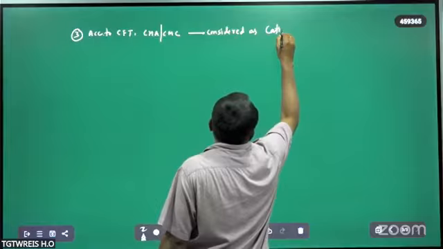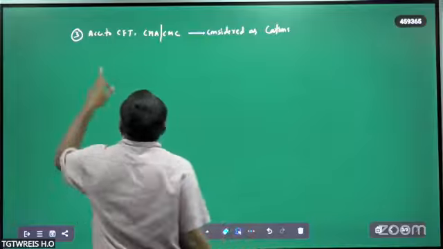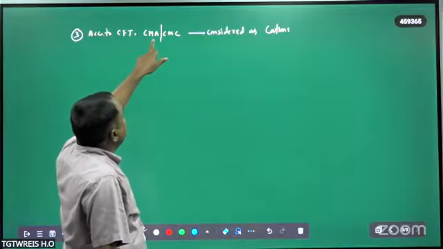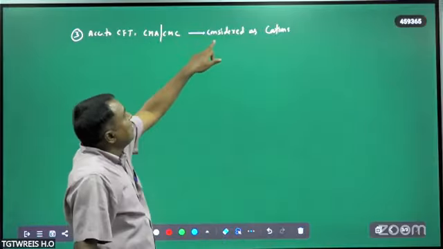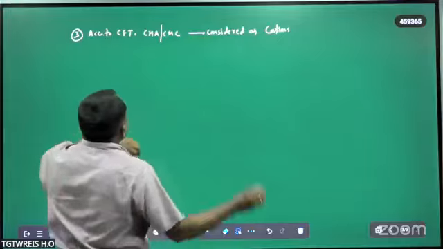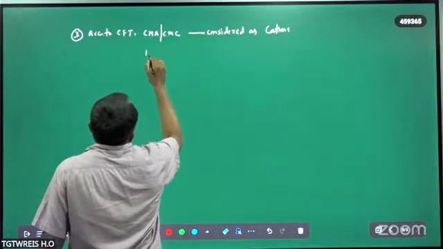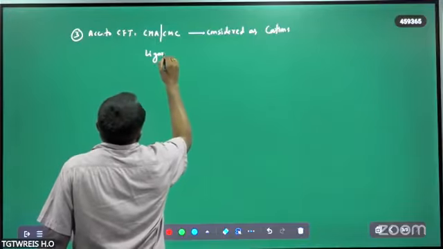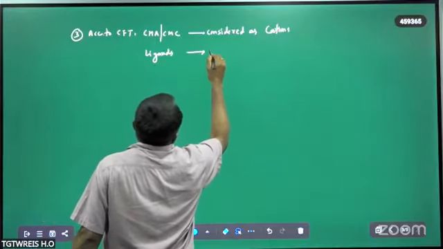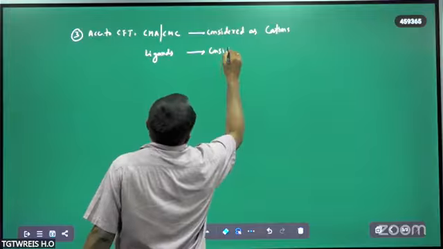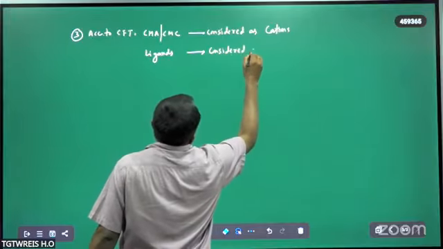This is the most important. According to crystal field theory, the central metal atom or central metal cation is considered as cations. And also ligands are considered as anions.